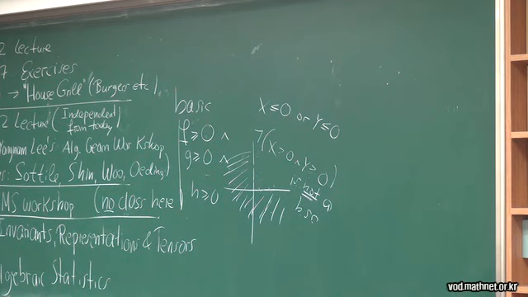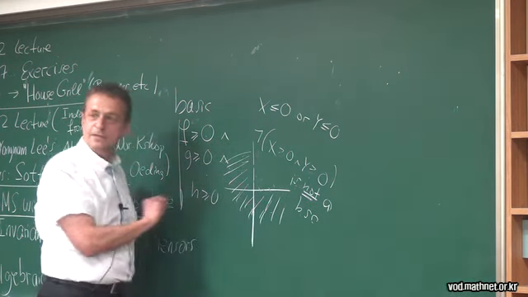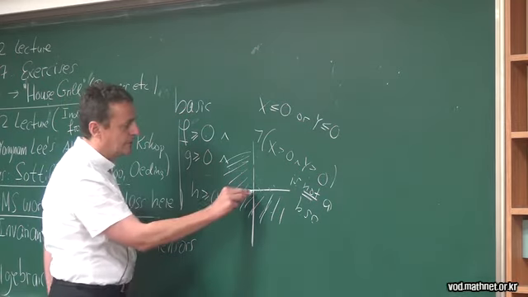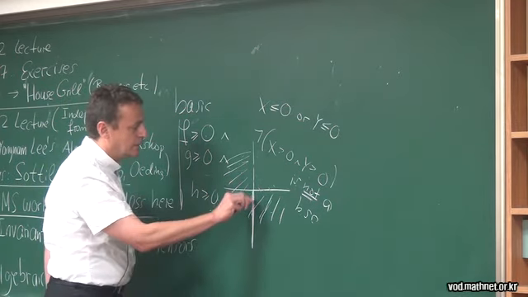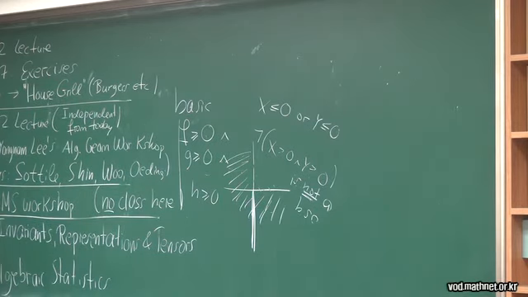Then among these f's and g's, x and y have to appear. But then this is disallowed, because x sticks through the interior. That's basically the obstruction to being basic semi-algebraic.